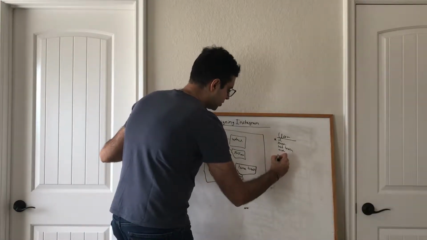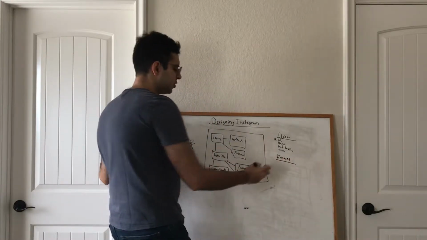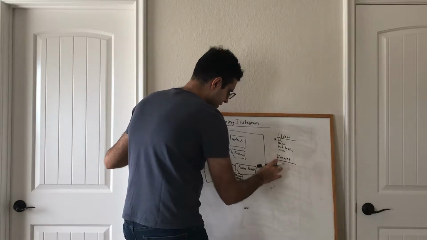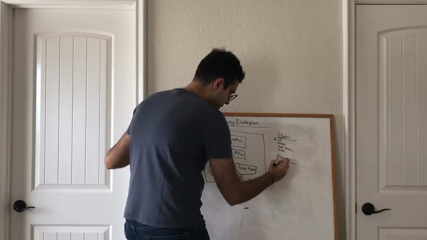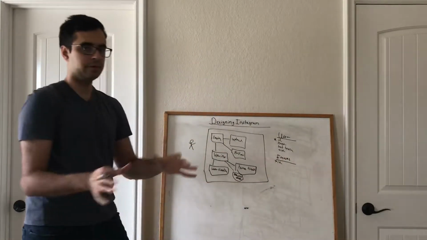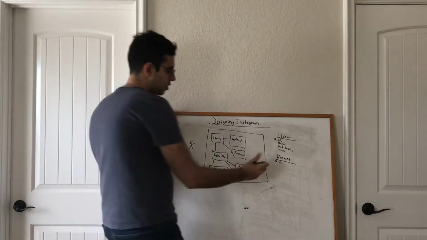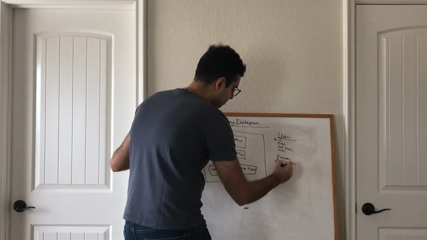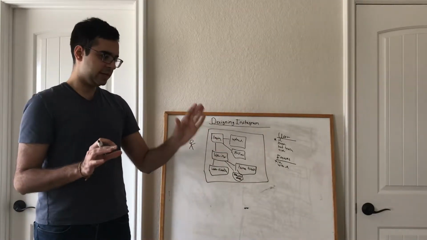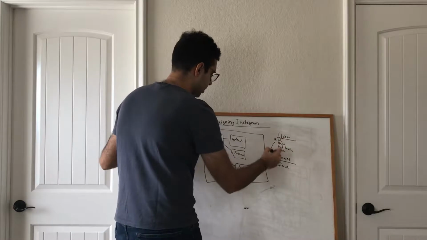We'll also have images. So let's define the attributes on images. We'll have an image ID. So this image ID will be unique to this image in our system. We'll have a user ID. So each image is associated with one user. So this is a one-to-many relationship.